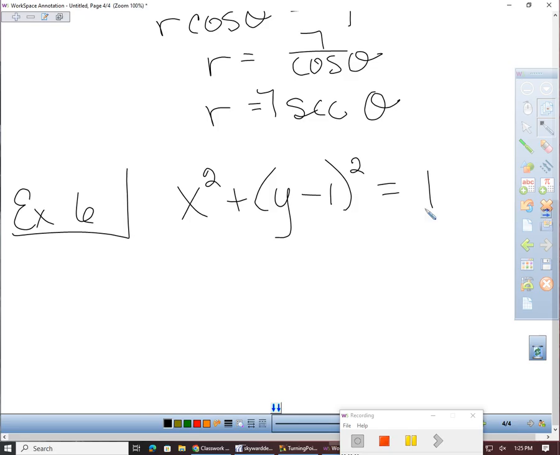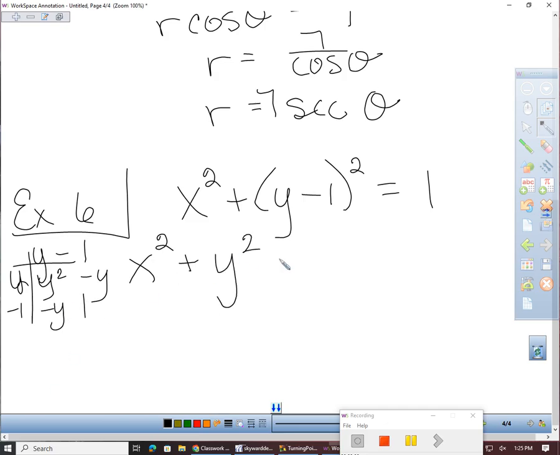To do that, I have to multiply out that beautiful y minus 1 squared, which is y minus 1 times y minus 1. So I get y squared minus 2y plus 1 equals 1.